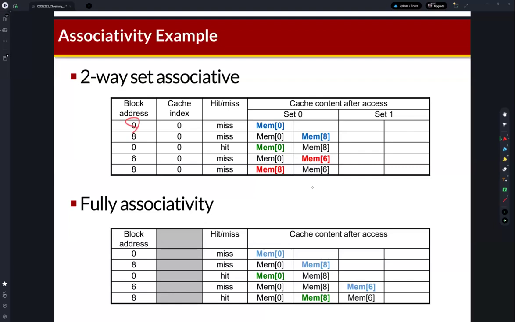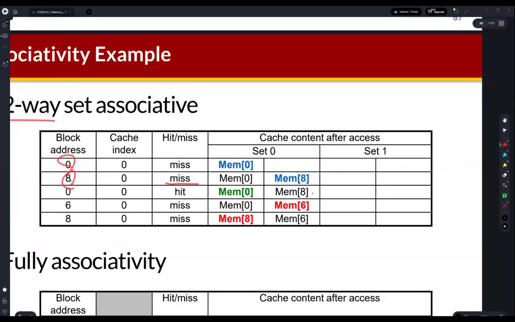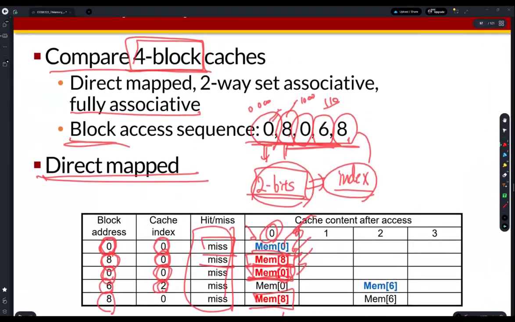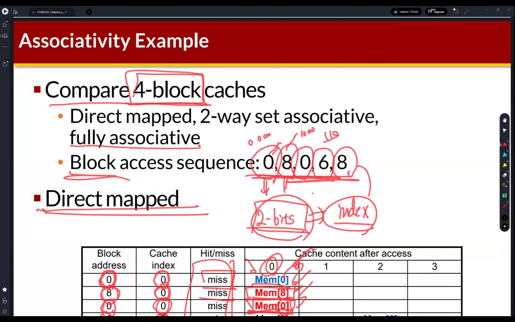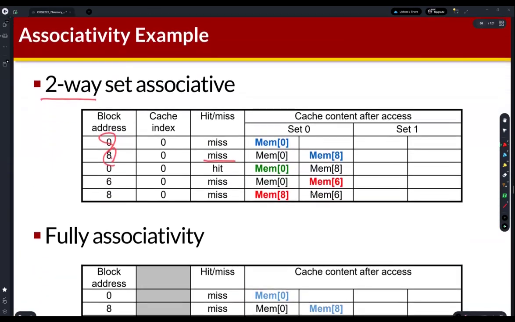So how about the two-way set associative cache? The first access, 0, is missed, obviously. 8 is also missed because it's the first access. But what is different? In this example, the cache includes 4 blocks, and in the two-way set associative cache, each set includes 2 cache blocks, so there are two sets.